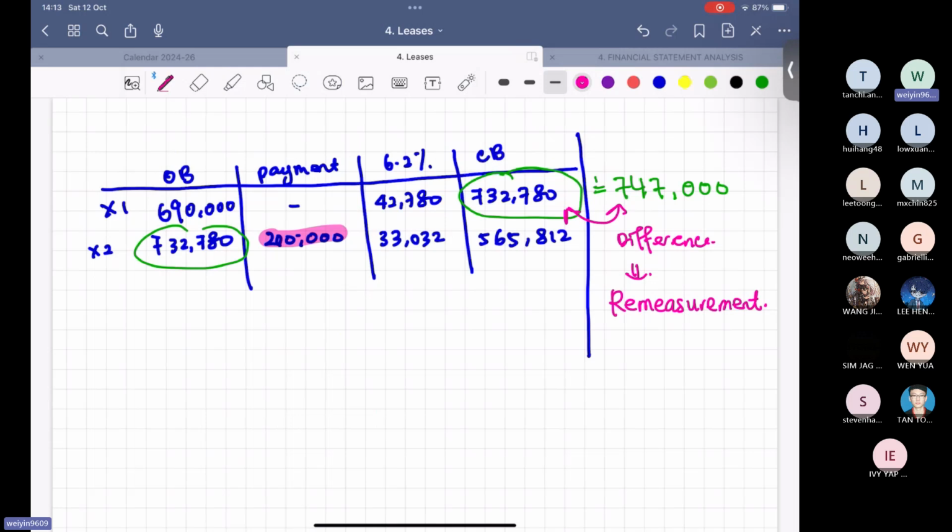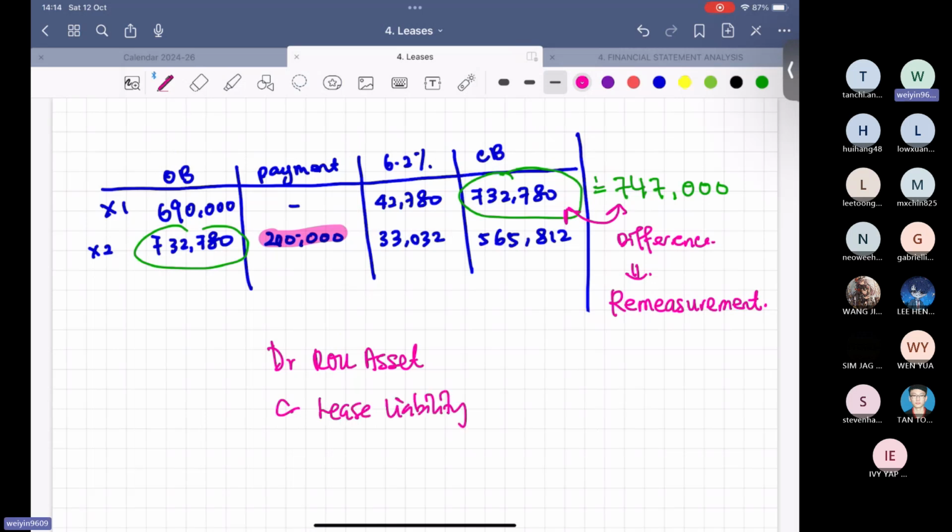So because of this, you will debit ROU asset and credit lease liability.